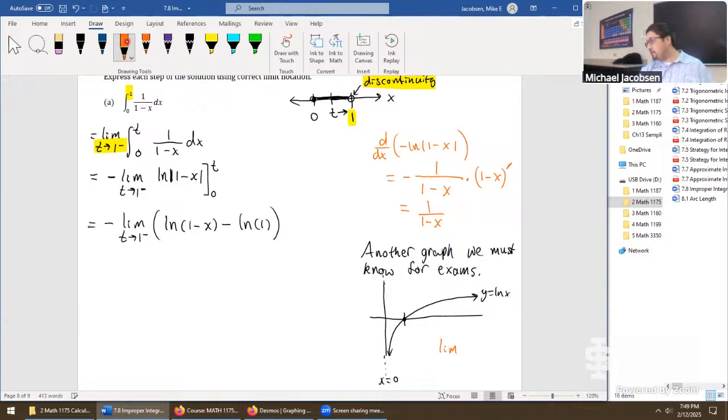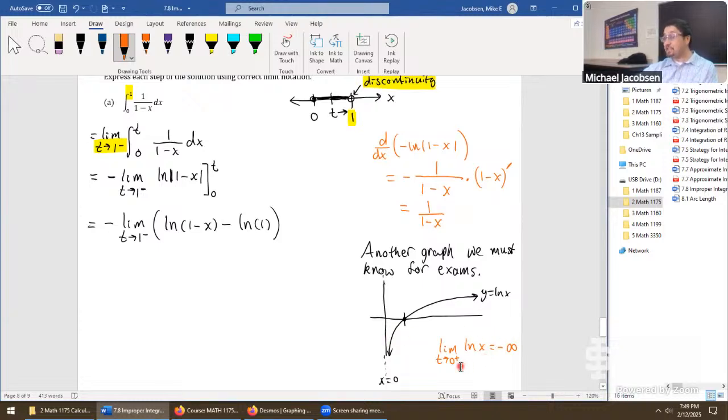We can take a limit of, let's say, t goes to 0 from the right of natural log x. If you took this limit, that means you're following this going down in that direction. The output would be, according to the vertical asymptote, going down towards negative infinity. So the knowledge of this graph makes this limit immediate.